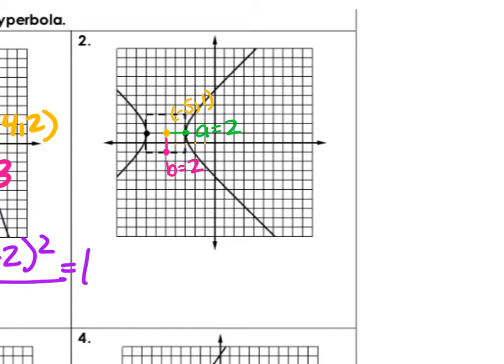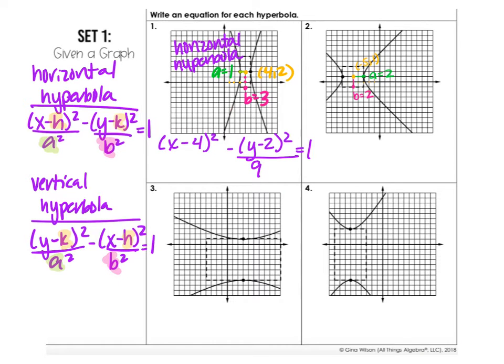So now that I have that information, I can go ahead and fill out the horizontal hyperbola formula.